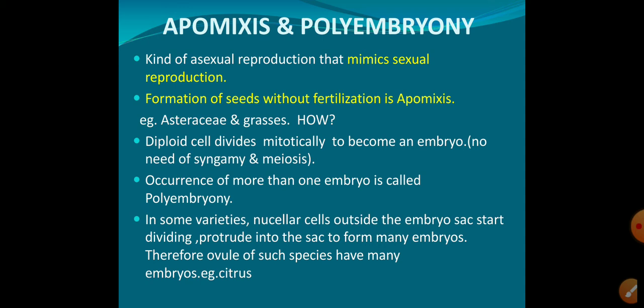The definition is: formation of seeds without fertilization is apomixis. Now you have to remember what parthenocarpy is. It is formation of fruits without fertilization. So that you call parthenocarpy. Now apomixis is formation of seeds without fertilization, and how does it take place here?